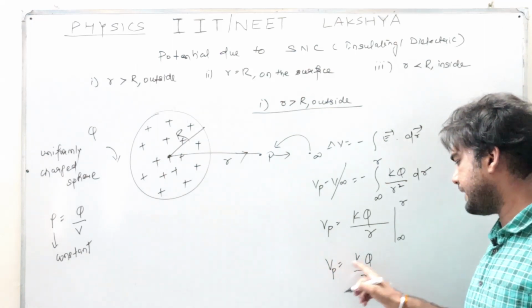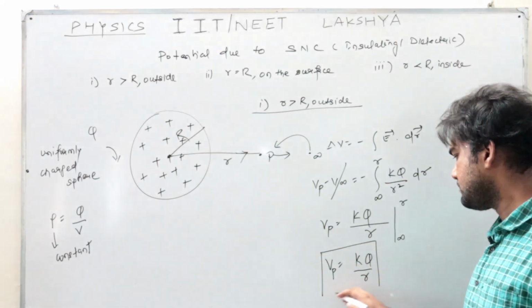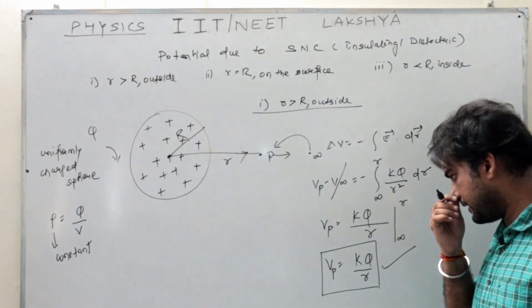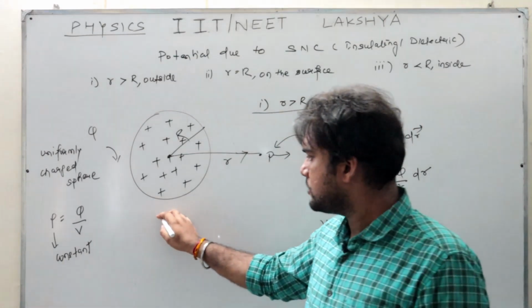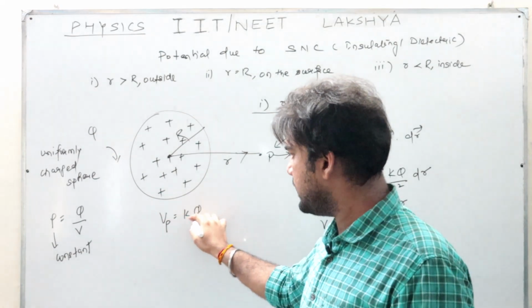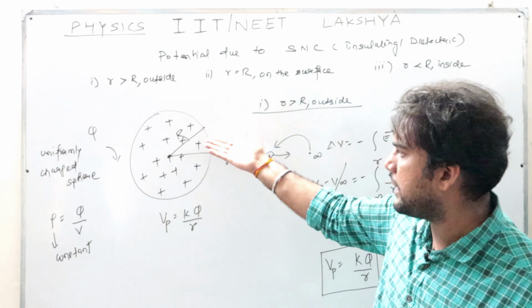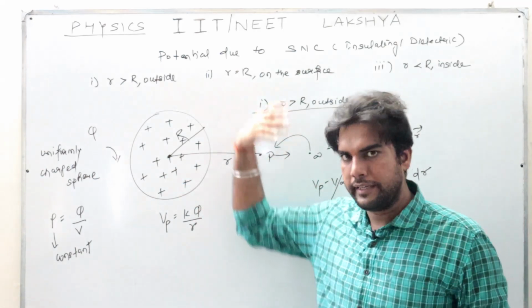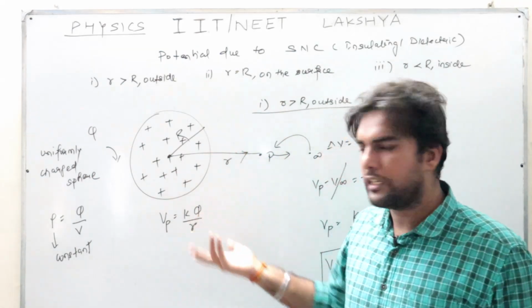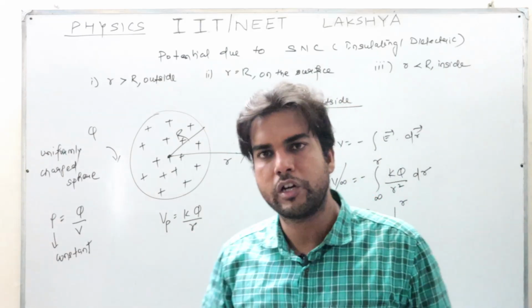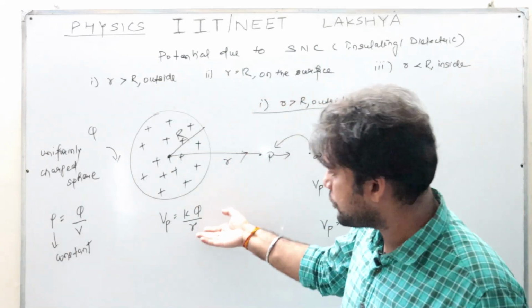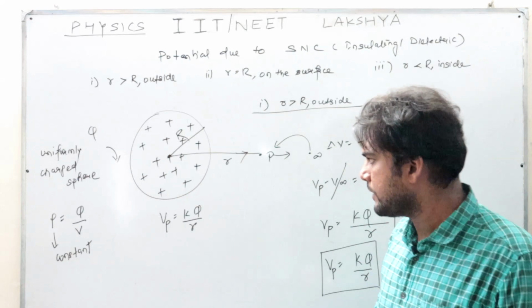So what we get is kq by small r. So that is your potential at an outside point. So Vp is kq by small r. So as far as this formula is concerned, there is no difference between hollow conducting or this particular, I mean in case 1 and case 2, there is no such difference, because there also we got the same formula, and here also the formula is same, kq by small r. It means what?